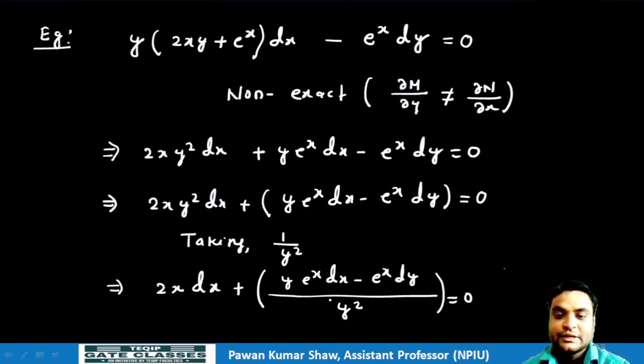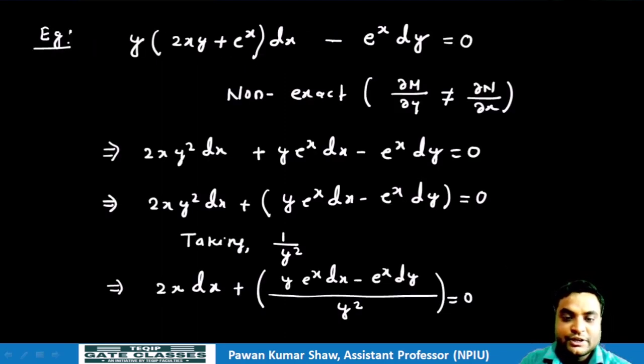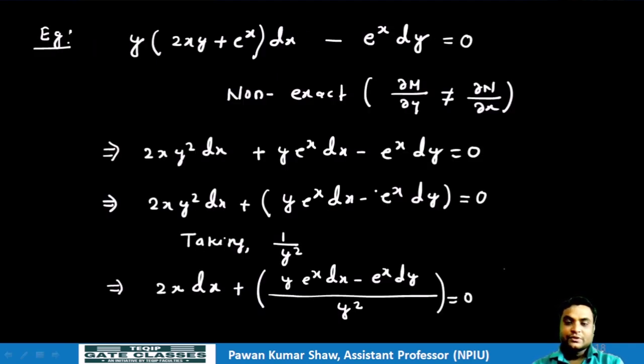So what can we write? We can write 2x dx, and the second expression we can write as d of e^x by y, because if we take the total differential of this term you will get y e^x dx minus e^x dy. We can see this by differentiation: that will be y² in the denominator, and then y e^x dx, and then e^x and the differentiation of y will simply be dy.